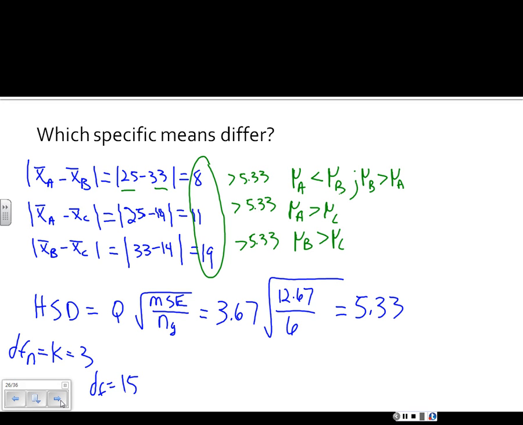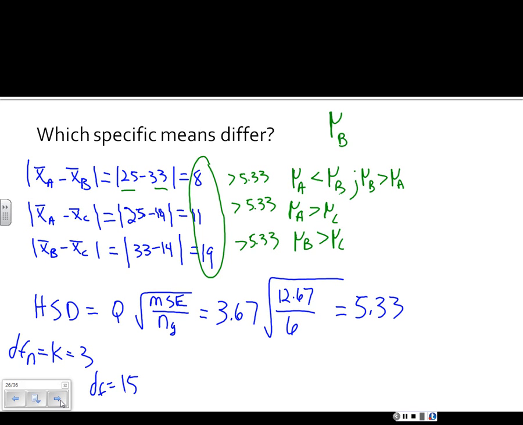So the smallest one, C. The biggest one is B. So if more is better, go for B, then A, then C. You could summarize that like this.